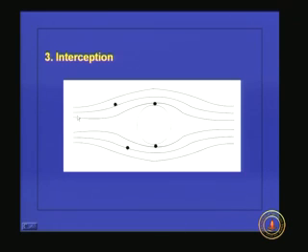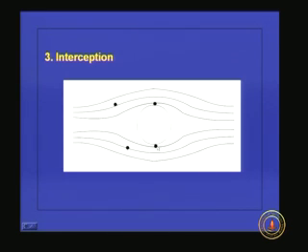So, what will happen if the streamline is something like this and a particle is here? The distance between the filter media and this streamline is less than the diameter of this particle. Then this particle will hit the filter media. Once it touches the filter media, we assume that it is removed.